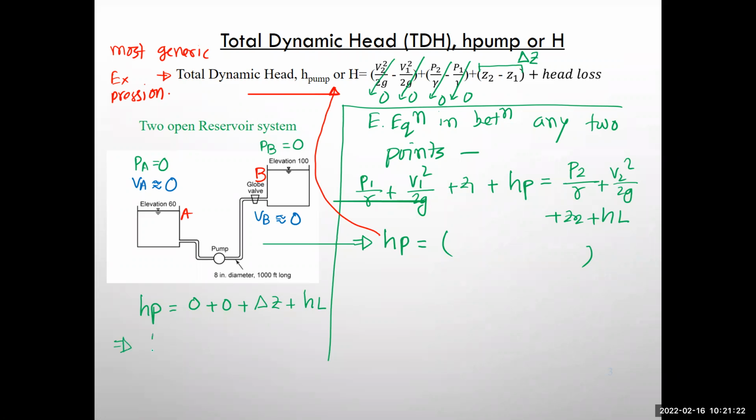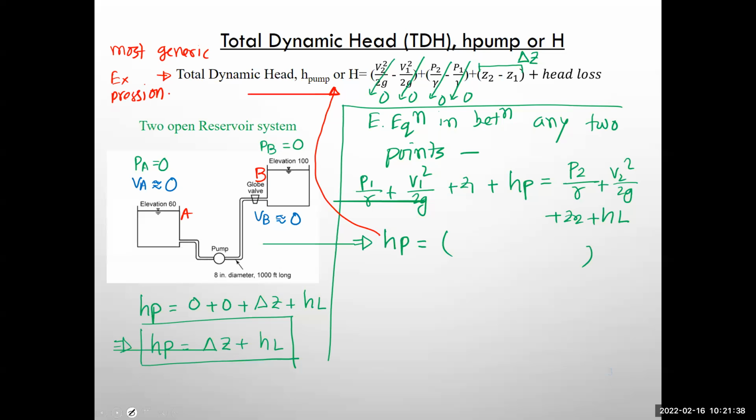And this will be pump head equals delta Z plus head loss. So you see, we started with a very long equation, but we came up with only 2 terms here, right?